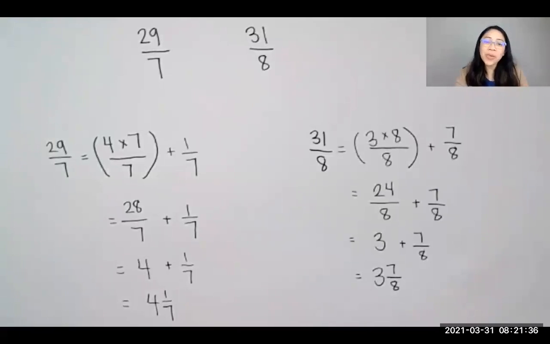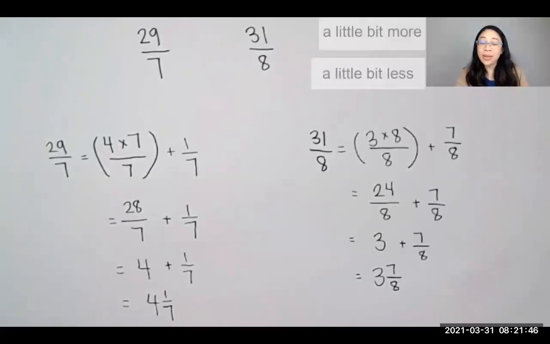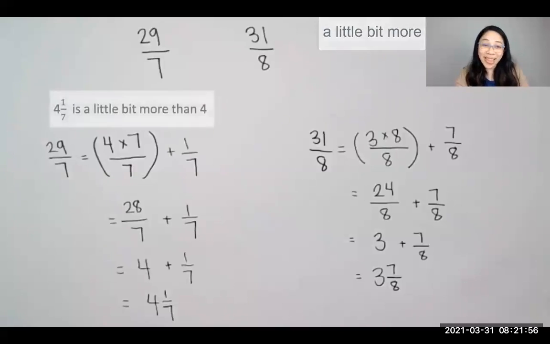Let's think, how can we compare 4 and 1/7 and 3 and 7/8 using the words a little bit more and a little bit less? We could say that 4 and 1/7 is a little bit more than 4.